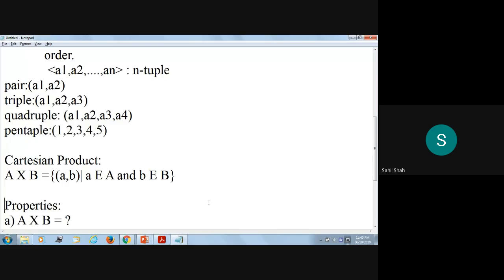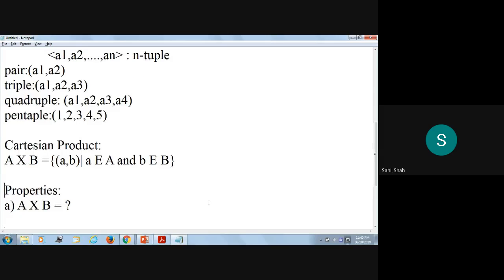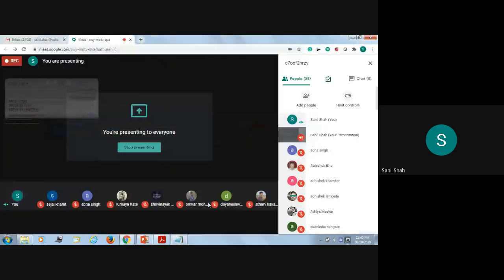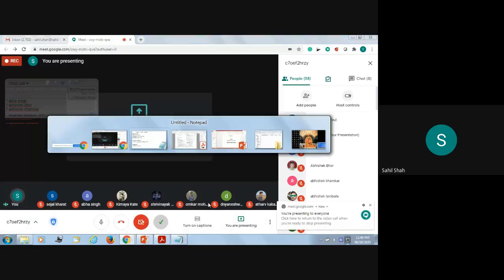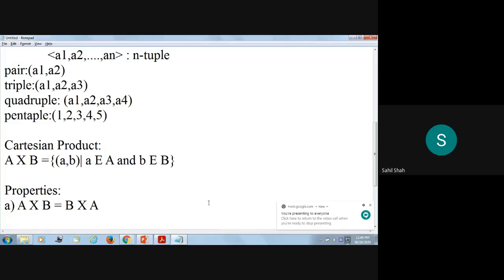Now let us see what are the various properties of a Cartesian product. What will be A cross B? Can I say A cross B is equal to B cross A? Whether this is valid? I think certainly this will not be possible. You cannot say A cross B equals B cross A. Why?